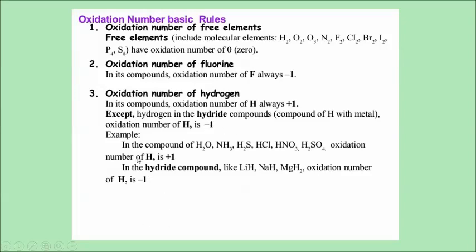Examples of +1 are water, ammonia, hydrogen sulfide, HCl, HNO3, H2SO4. In these cases hydrogen has a +1 oxidation state, while alkali metals combining with hydrogen give hydrides: lithium hydride, sodium hydride, magnesium hydride. In these cases the metal has a plus charge, so hydrogen will be minus. That means hydrogen is in the -1 oxidation state in these types of compounds.